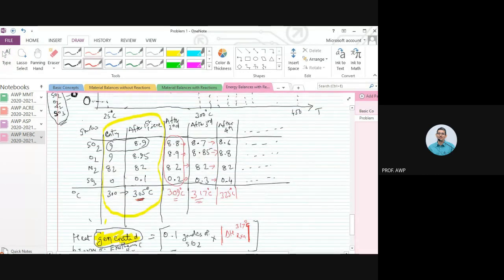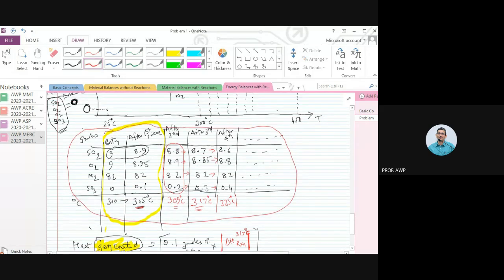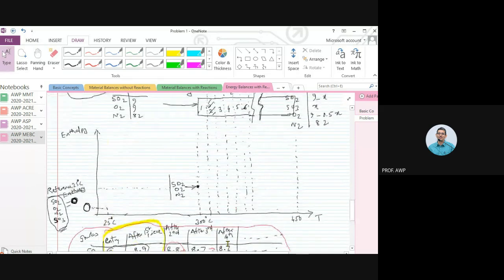Let us depict all this. It's difficult to visualize in terms of a table, so let us depict all this on this graph. Our 982 enters. What enters after the first piece?